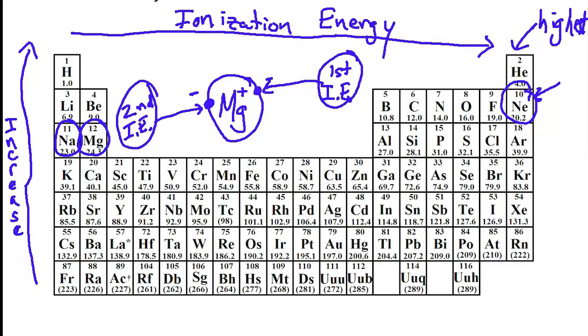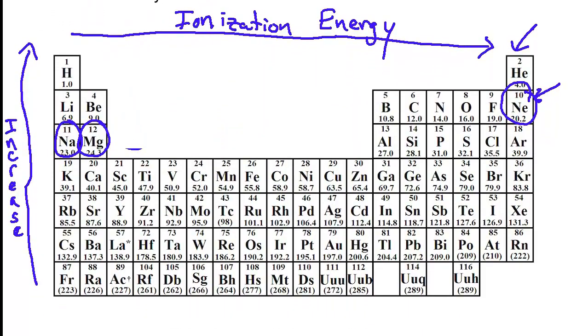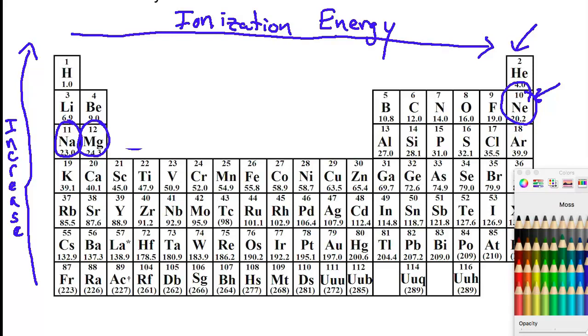Now what I did mention was that there are some exceptions to this, and I want to talk about both of those now. So give me a second to clear this and we'll talk about the exceptions. Alright, so for the exceptions, it's going to be whenever you jump from the end of an S shell to the beginning of a P shell.